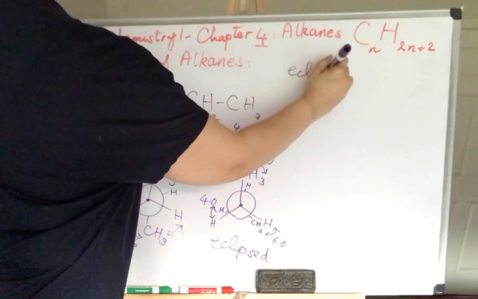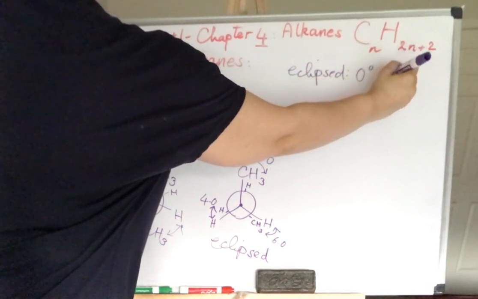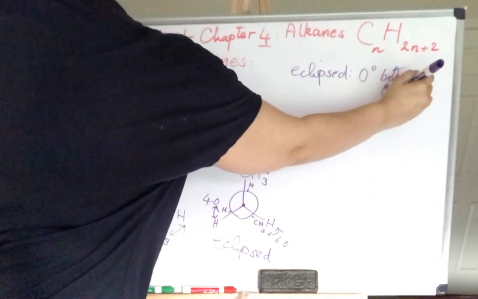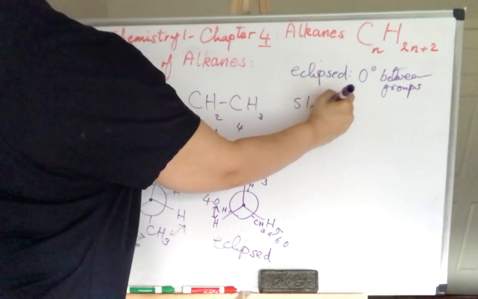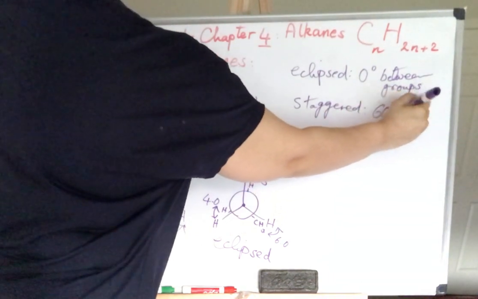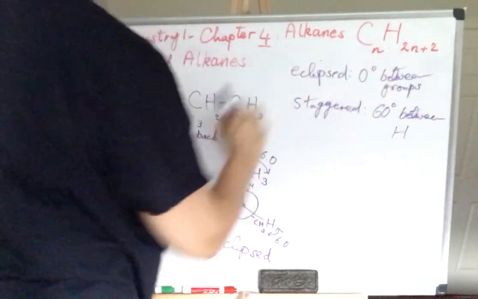Eclipsed, 0 degrees between groups, whatever it is, hydrogen, CH3, whatever. Staggered, 60 degrees between hydrogens.